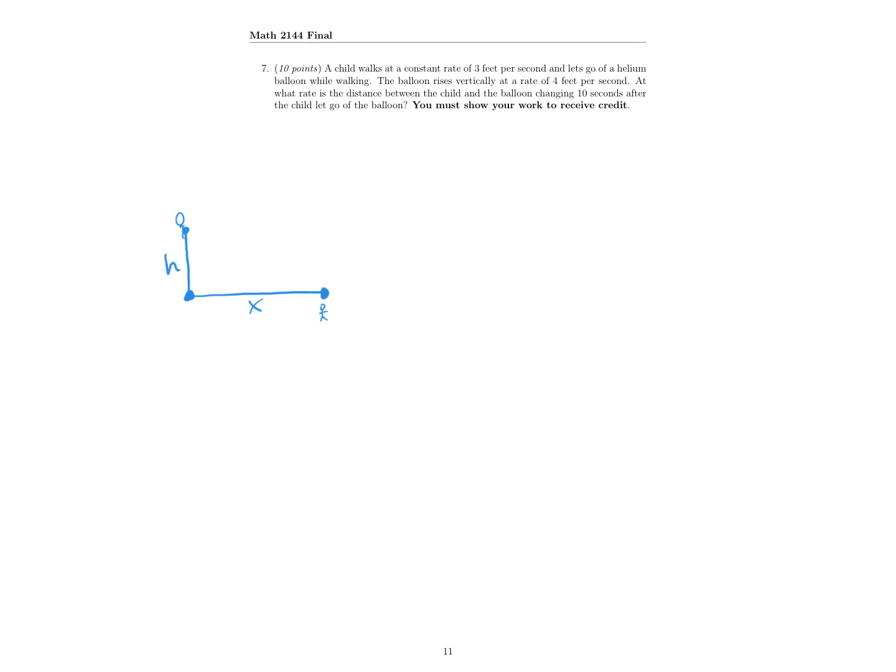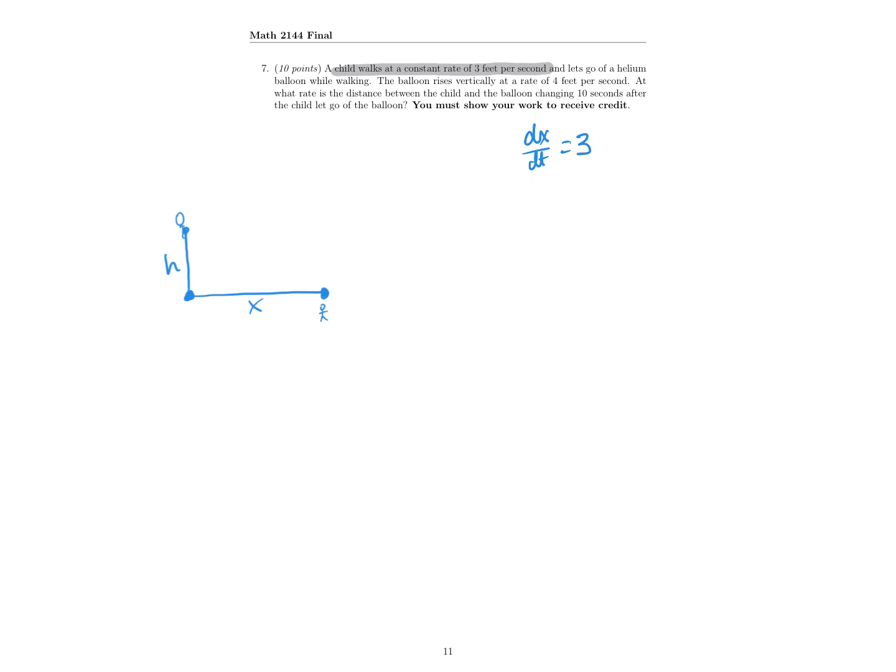Okay, and so the question is, let's look at what I'm given here. I'm given a rate of change of 3 feet per second, and that is the rate at which the child is walking. So dx/dt is 3 feet per second.